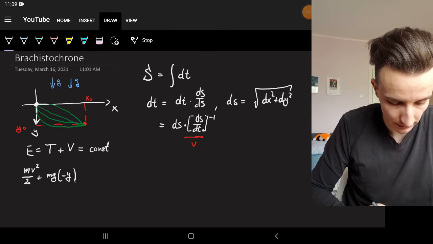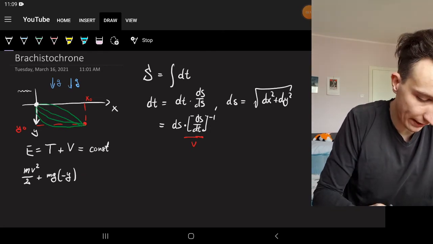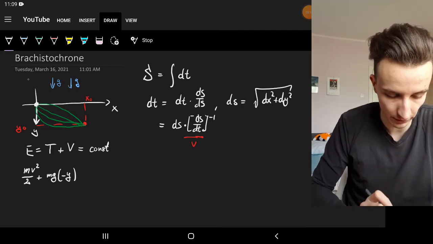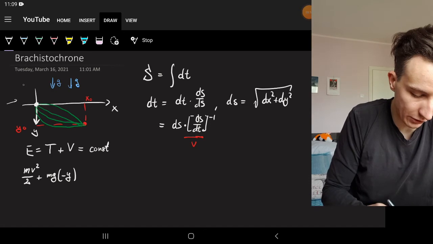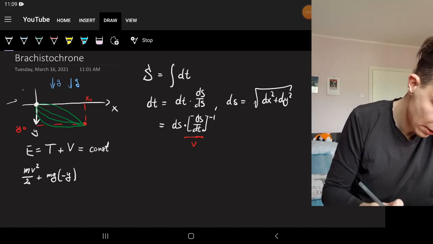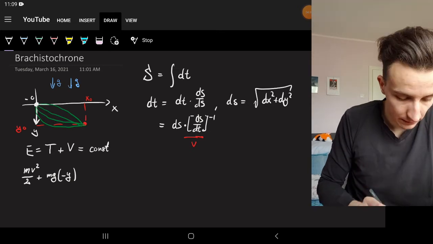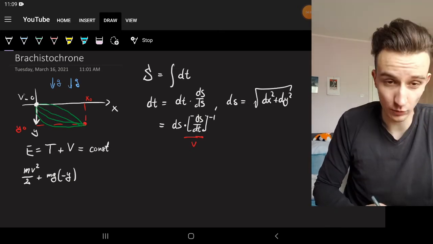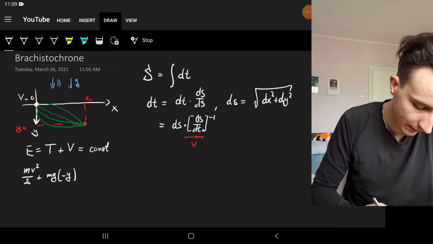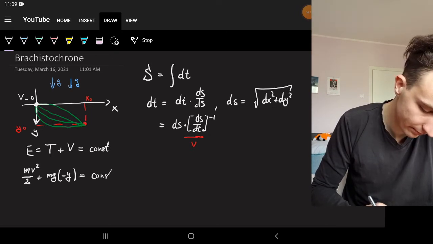So in negative y over here, we would have positive potential energy. This is where our potential energy is 0. So this is V equals 0. And this is why we get minus y. So this would be constant.